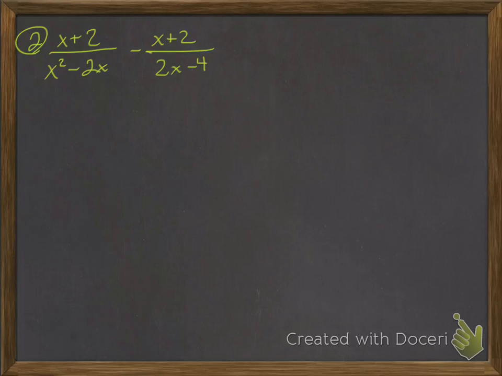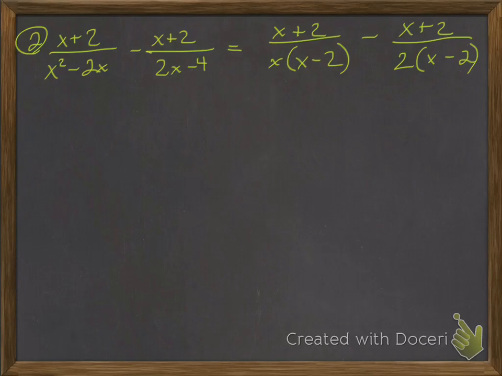Okay, so I have subtraction, and I got to factor the denominators. So I'm going to have x plus 2. An x factors out of this one, and I'm left with x minus 2. A 2 factors out of this one, and I'm left with x minus 2.